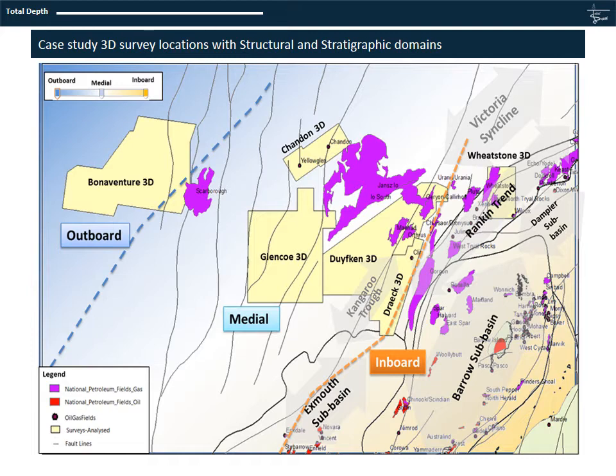So these studies represent an update of 20 years of analysis on the basin by these two operators, and many man years of effort in understanding, developing, exploring and producing the resources on the Northwest Shelf.